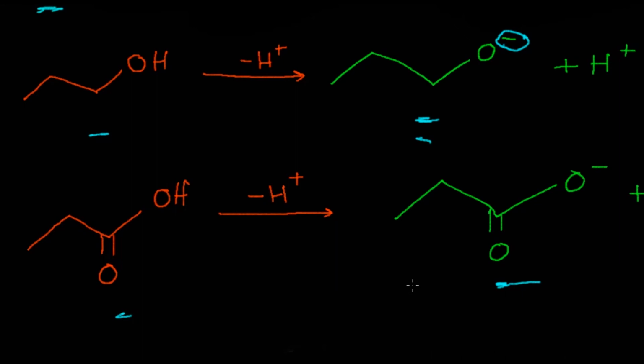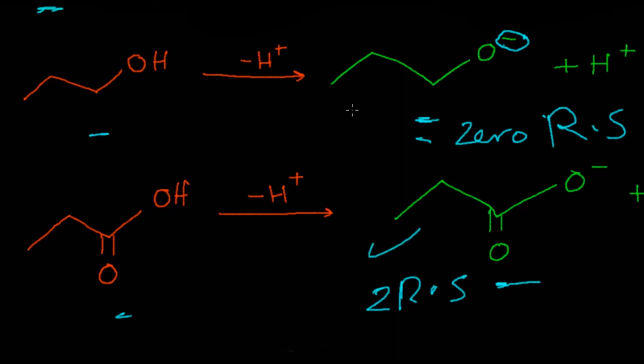So this conjugate base has two resonating structures, and this has zero resonating structures. So it's obvious that this conjugate base is more stable than that. So this carboxylic acid is more acidic than this alcohol.